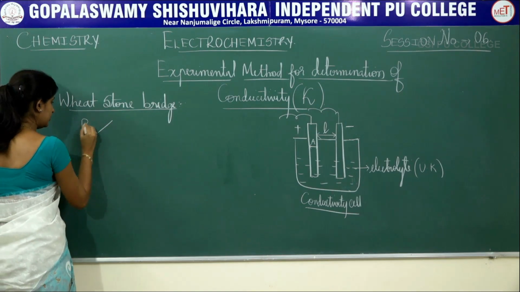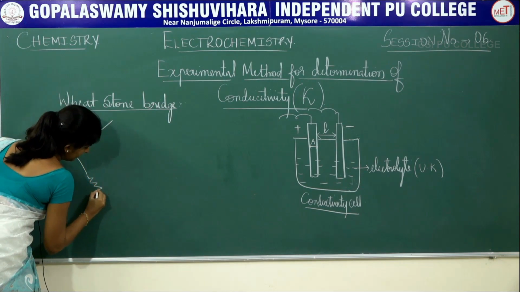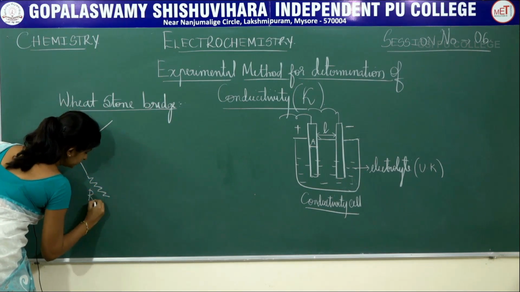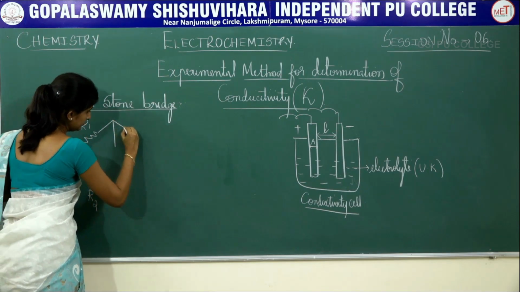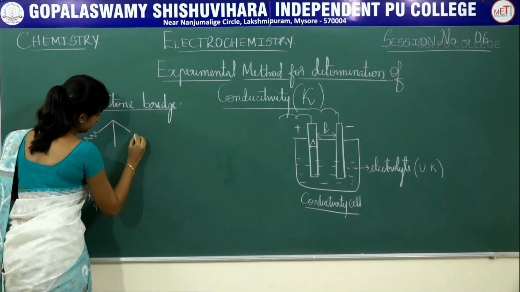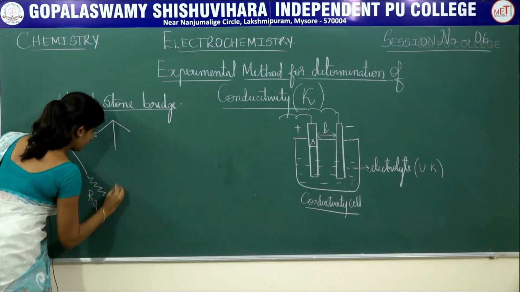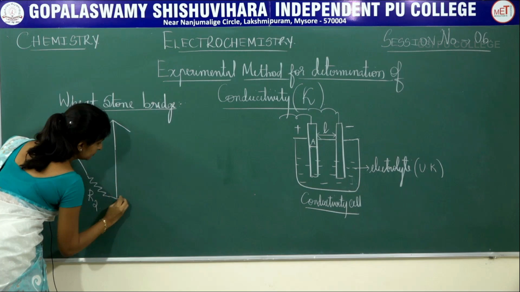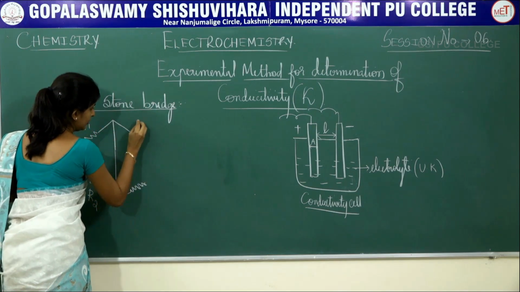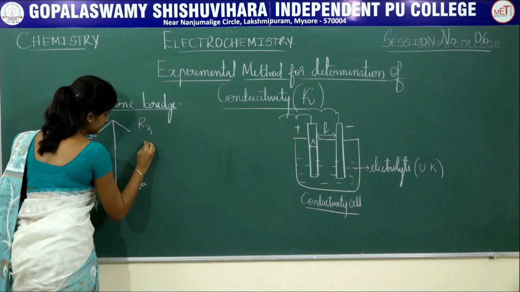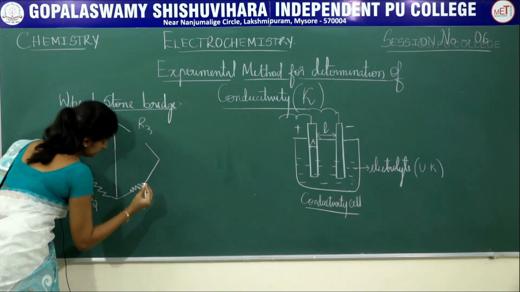This is R1, resistor 1, this is R2, resistor 2, this is R3, this is R4.